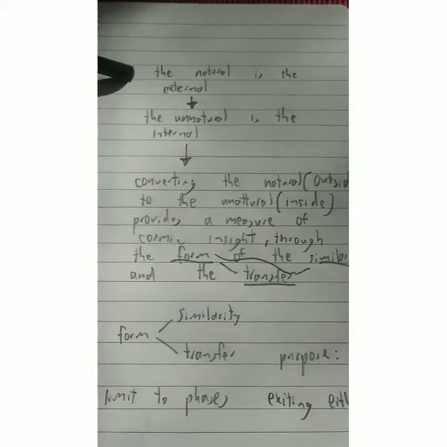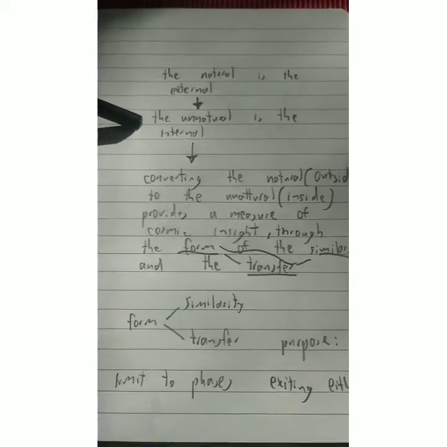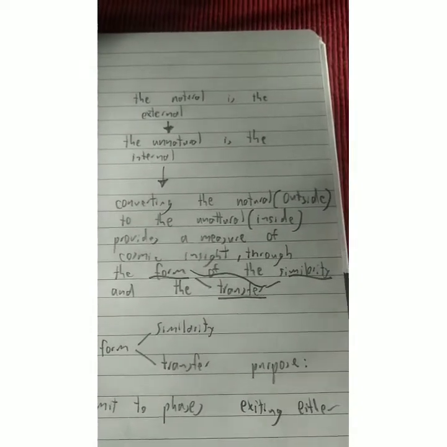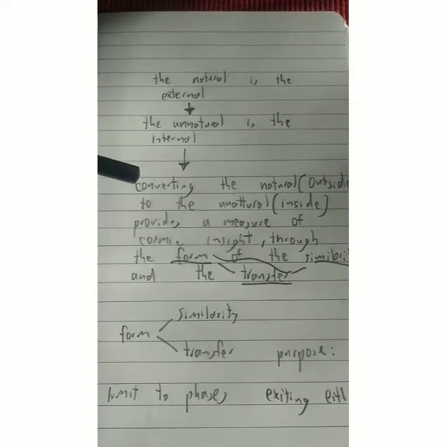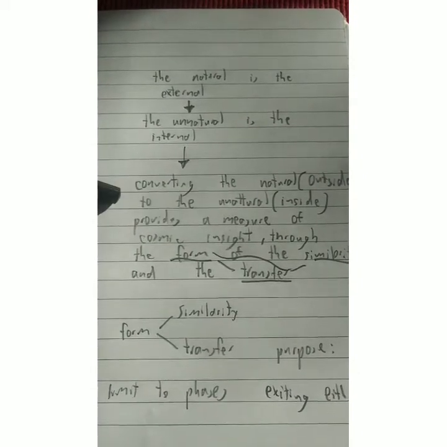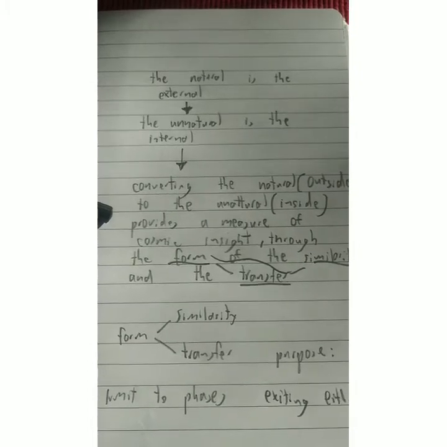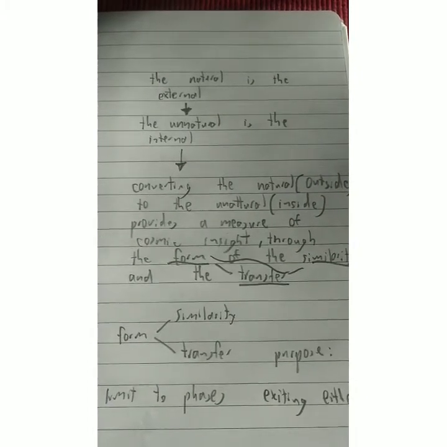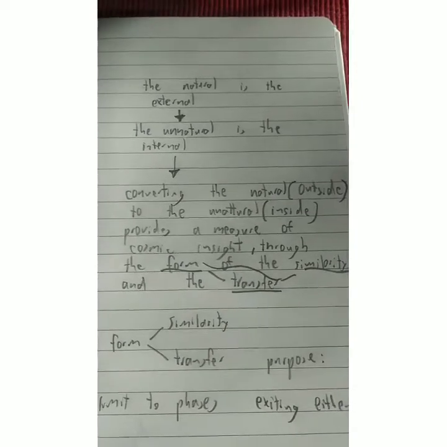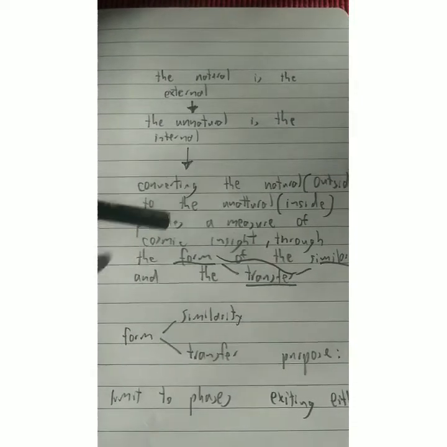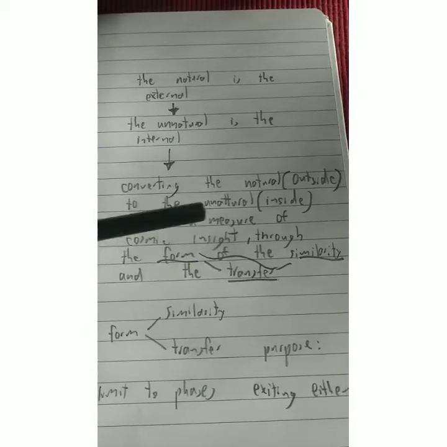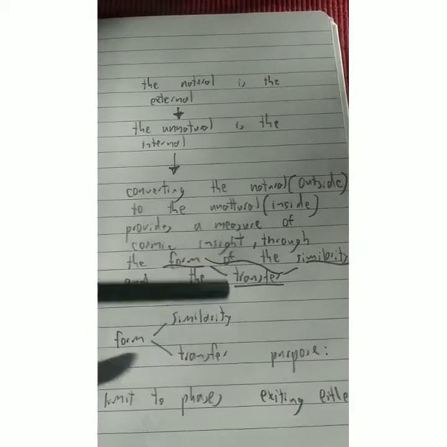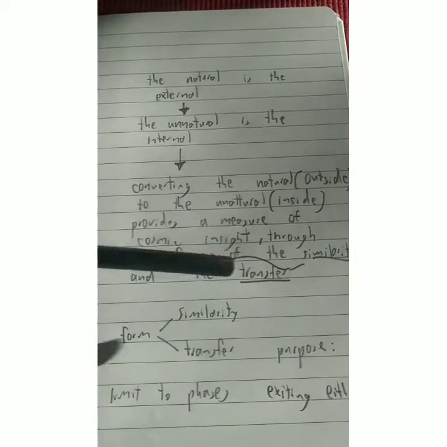The natural is anything outside, the unnatural is anything inside. Converting the natural to the unnatural means bringing it inside or outside. But depending on whether they are inside or outside, they provide a different reflection of that outside or inside through what is similar in the transfer.